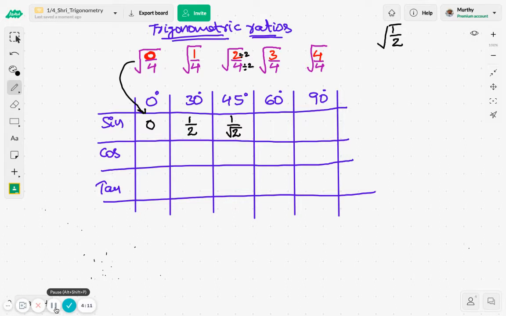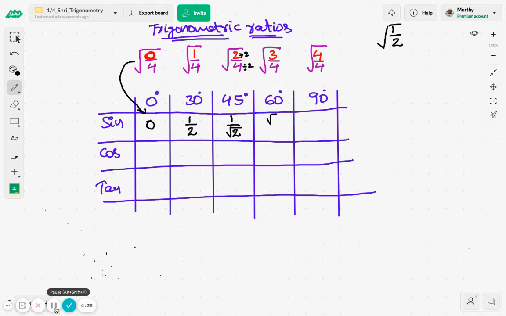Next, the next fraction is 3 over 4. Is it in the simplest form? Yes, it is. Can I divide 3 and 4 by any number? Obviously no. So, what is square root of 3?